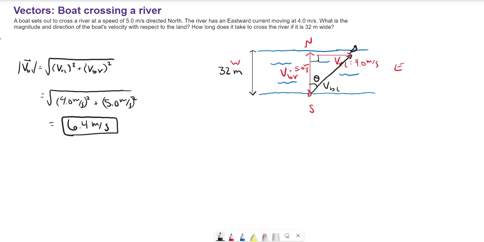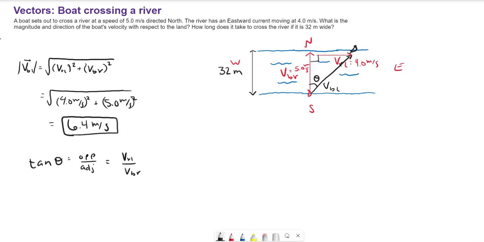Again, we're just working with a right triangle, so we have to do some trigonometry. We know both of the sides of this triangle, and we're trying to find this angle. So what we can do is use tangent of theta. Tangent of theta is equal to the opposite side of the triangle, the side that is opposite of the angle, over the adjacent side. So in our case, that's going to be VRL over VBR.